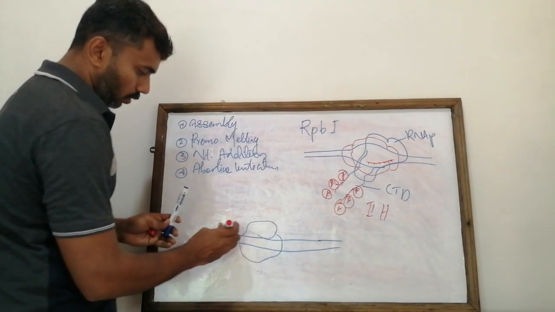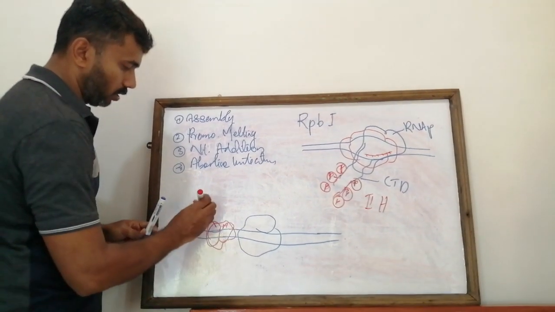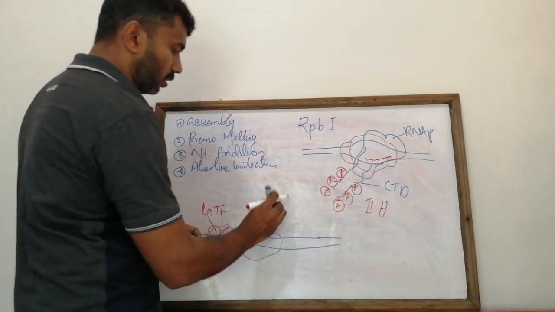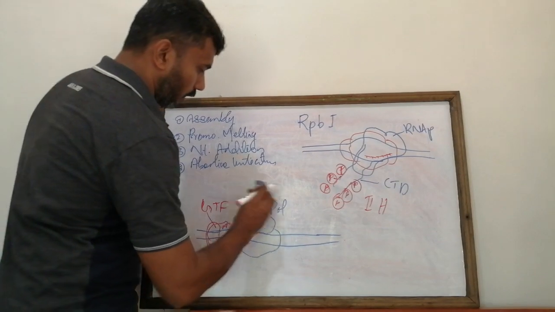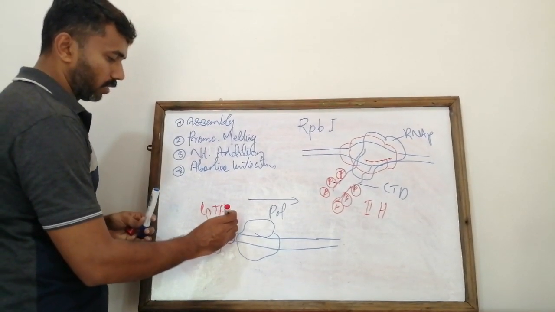So all the transcription factors will be left in the promoter region. These are the general transcription factors, and this is the polymerase enzyme. This polymerase enzyme is moving in this direction, right? So this is the +1 site.